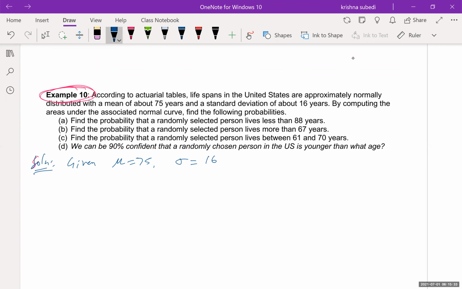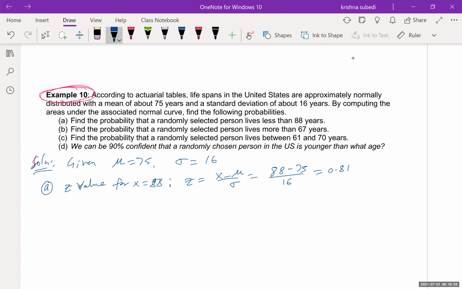So part A, first you find the Z value for x equals 88, which is x minus mu over the standard deviation, which is 88 minus 75 over 16, which is approximately 0.81.